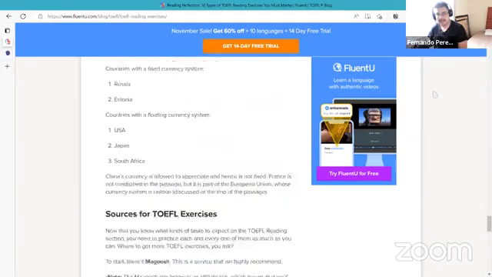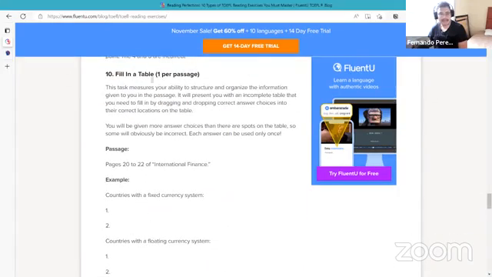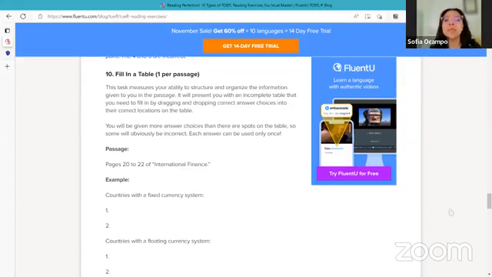And the last one is fill in a table. This is less common, especially in modern TOEFLs, but sometimes they exist too. So let's read it really quick. Fill in a table, one per passage. This task measures your ability to structure and organize the information given to you in the passage.